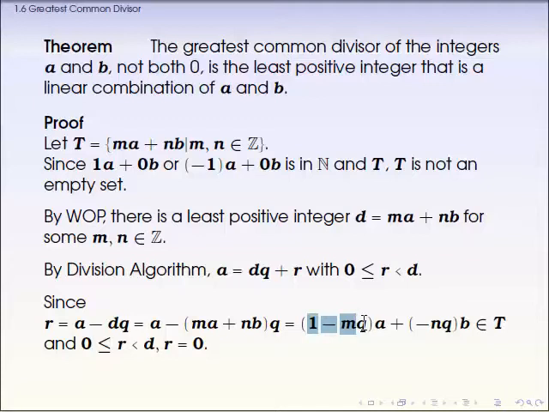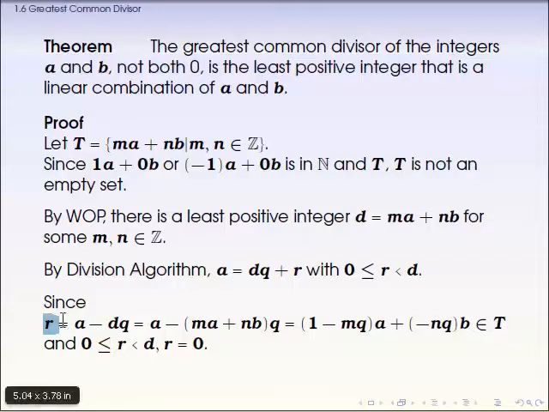But clearly 1 minus mq is an integer, since everything is just integers, and negative nq is also an integer. So this form looks like a linear combination of a and b once again. So r must also be in the set T.